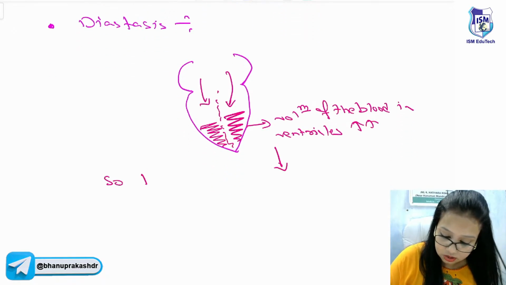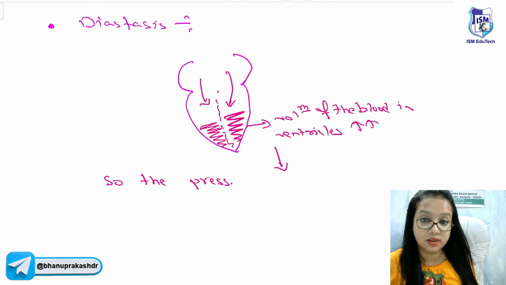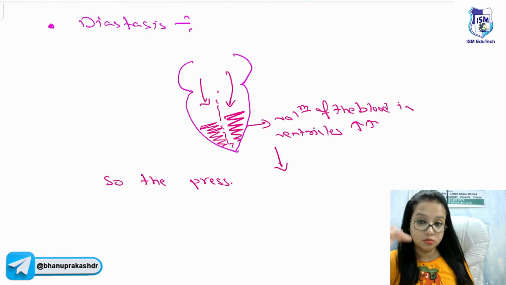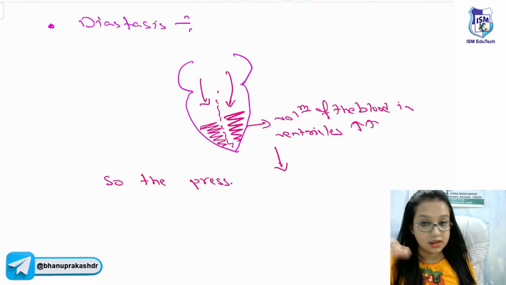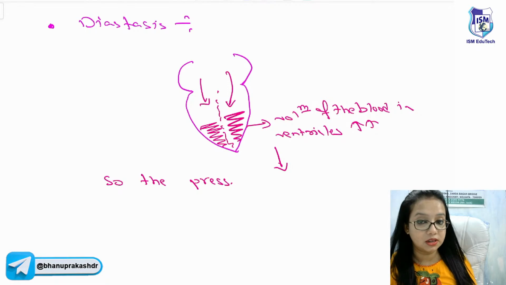Because atria is now sending all its blood to the ventricle, the ventricle is getting more and more filled with blood, and atria is now having less blood because it is getting pushed to the ventricles.